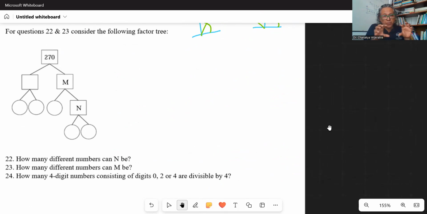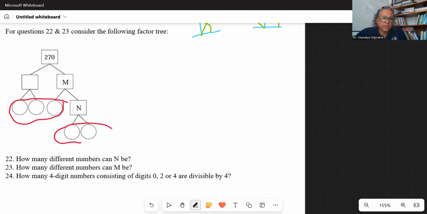So we use boxes or rectangles for the starting number and other numbers which are not primes. Circles are for the primes. So what you get in these circles are the primes. You get branches, and the branches end with primes, right?